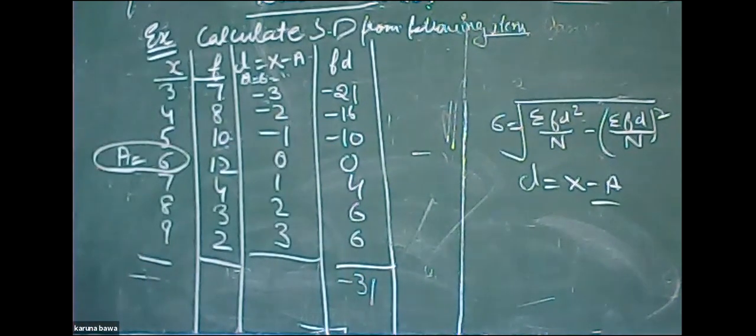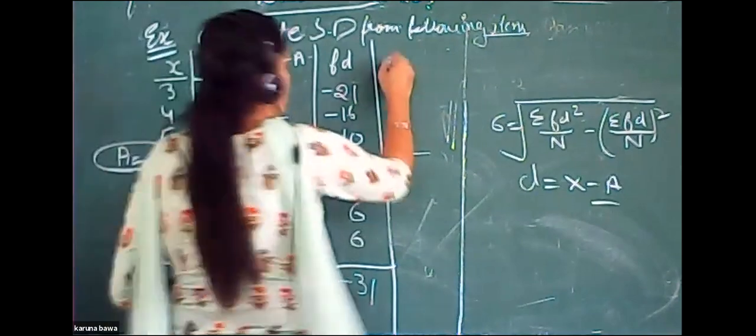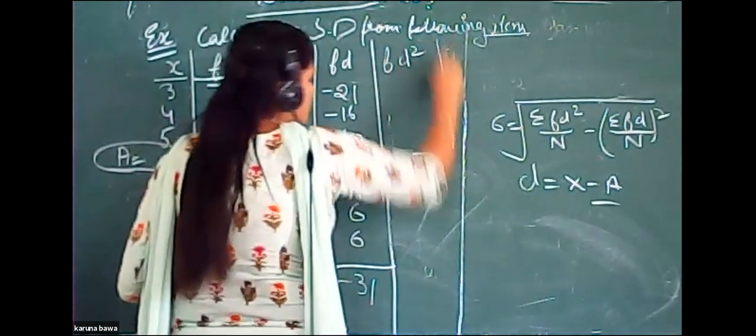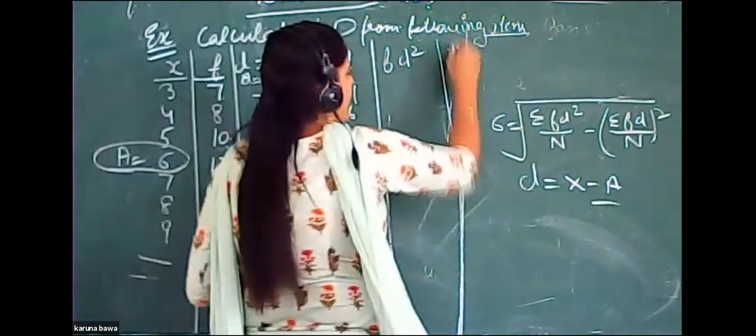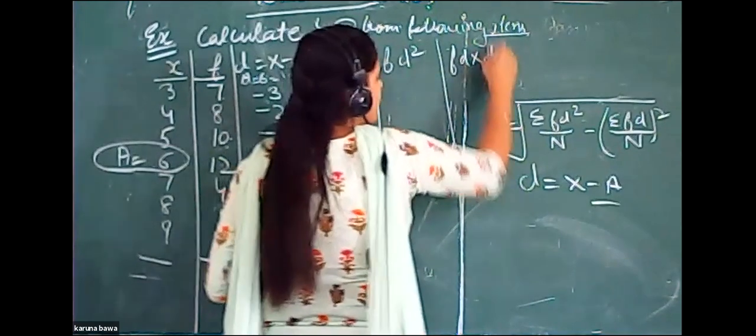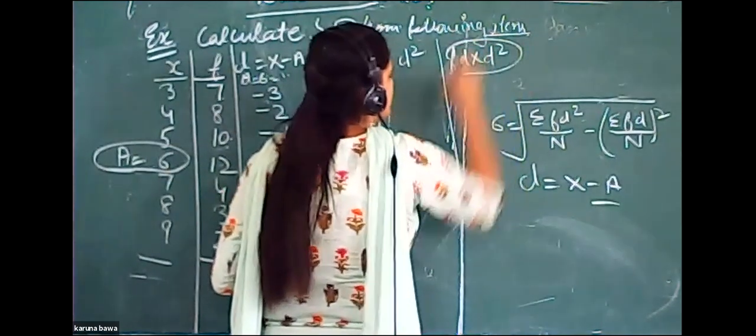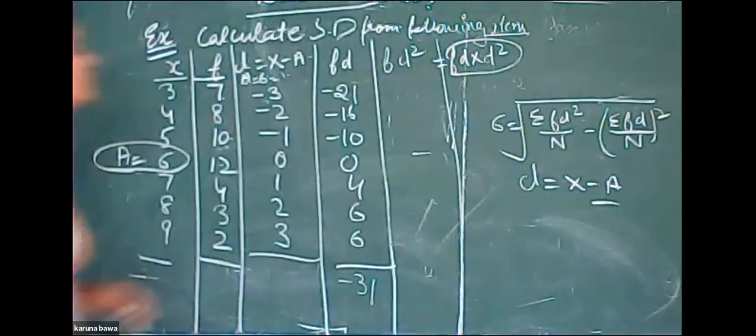So on the other hand, we find the f d square value. f d square is found with the help of f d multiplied by d.